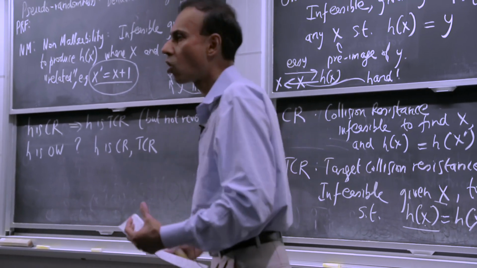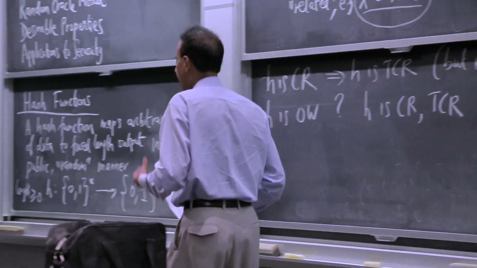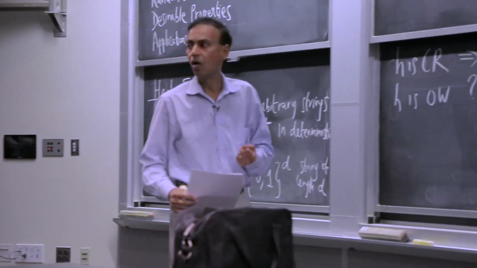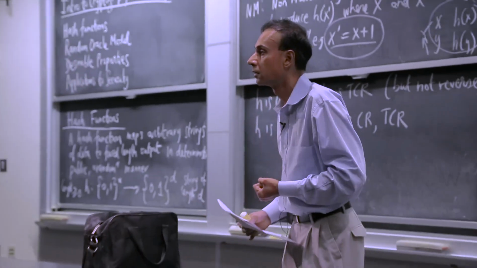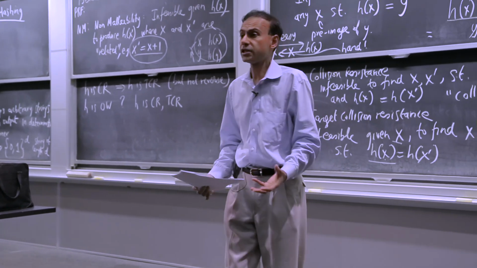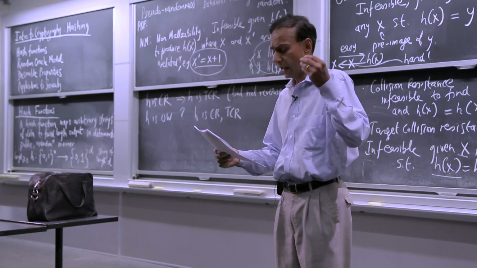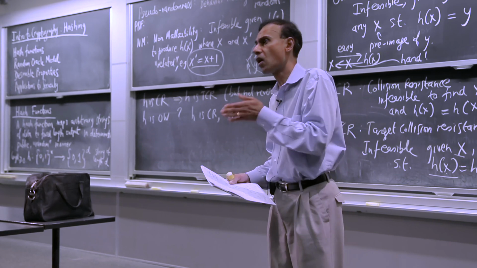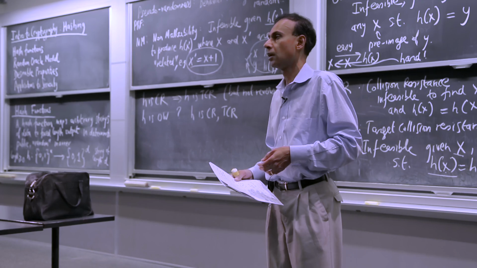Can I make strong statements about the collision resistance of a hash function if I'm guaranteed that the hash function I have is a one-way hash function, or vice versa? Another way of putting it is, can you give me an example of a hash function which is one way but not TCR, not target collision resistance?